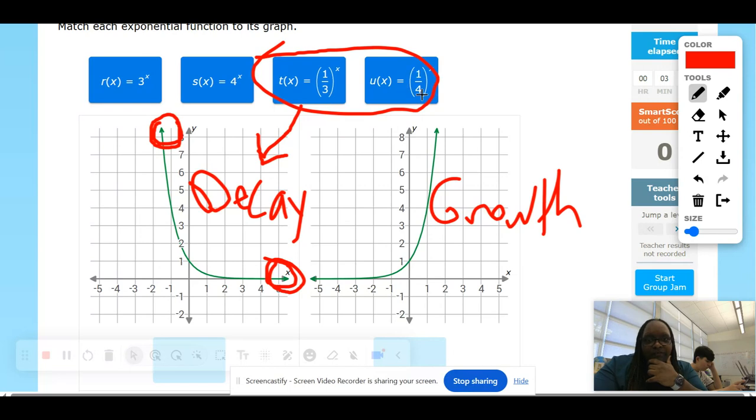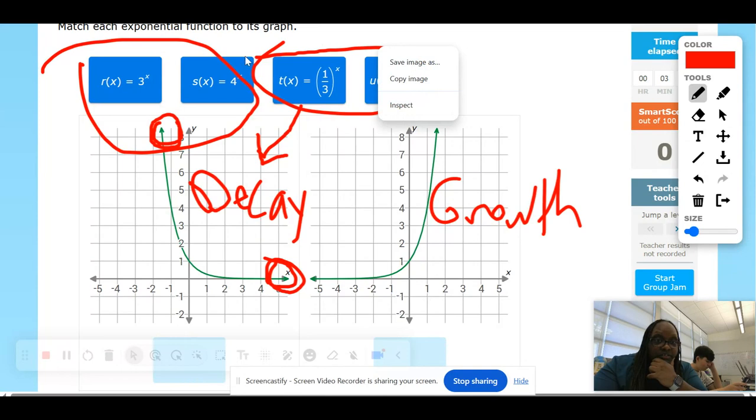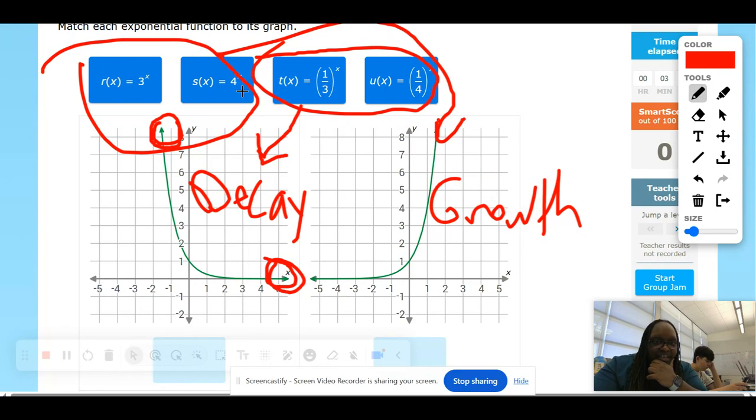If I divide 1 by 4, I get 0.25. So it's a number less than 1. So automatically it's one of those. For growth, these over here are automatically showing growth. So one of those at least has to match this growth graph here, because the base number here is greater than 1.